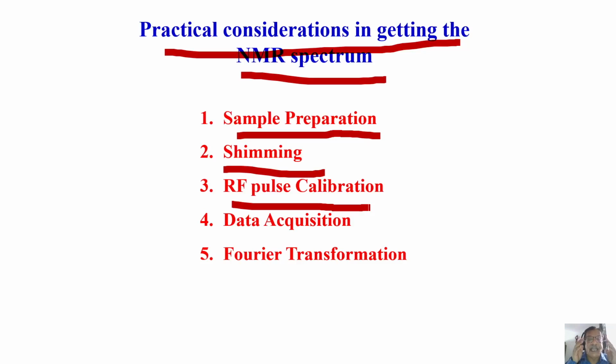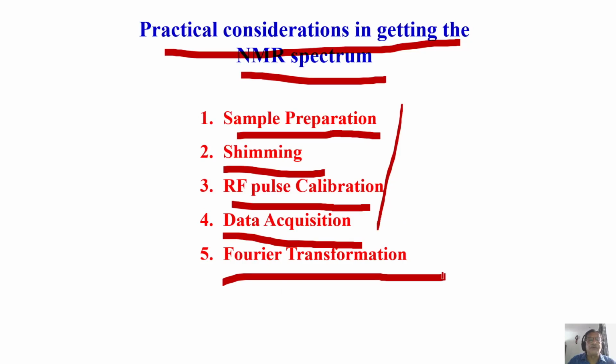For example, I need a 90-degree pulse, 180-degree pulse, or any angle, and also the pulse phases. And I should know about data acquisition, like choosing the appropriate spectral width and deciding the number of time domain points, the size of the memory for acquisition of the data. These small considerations are essential.